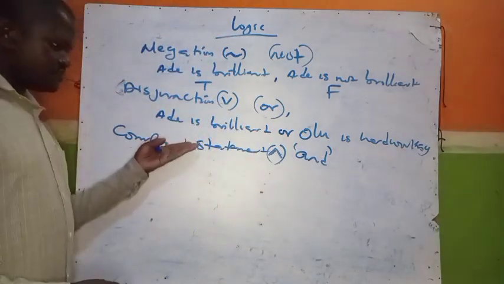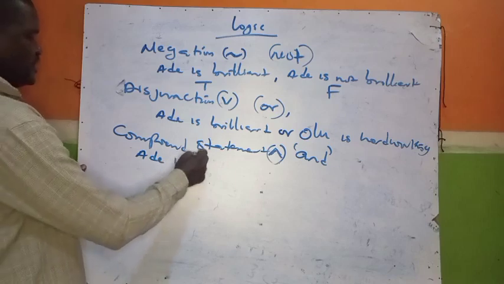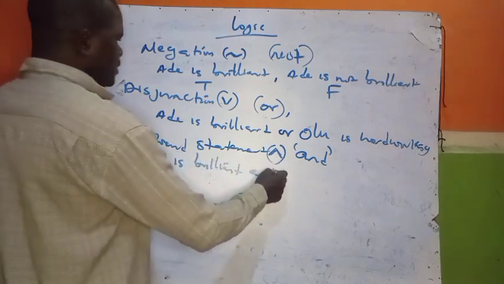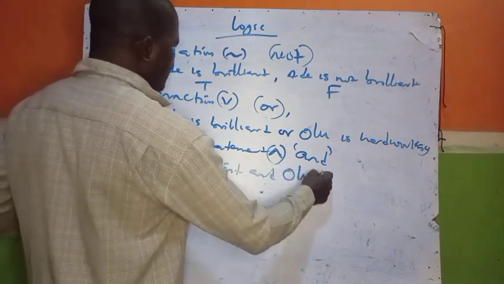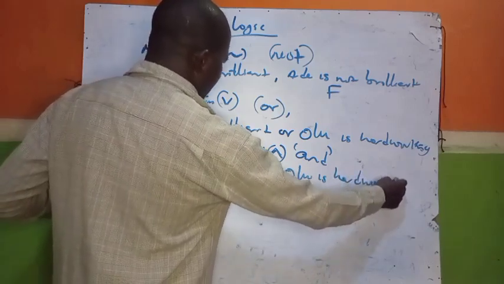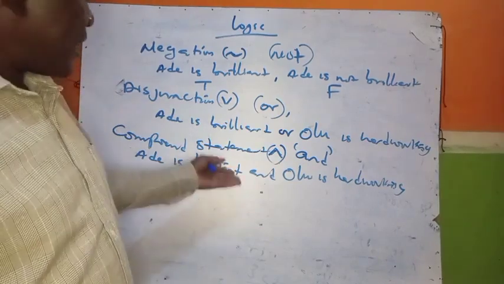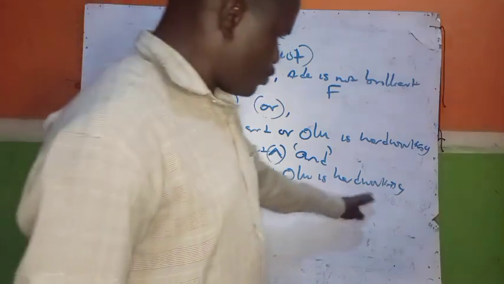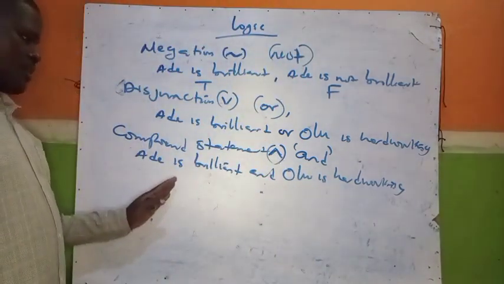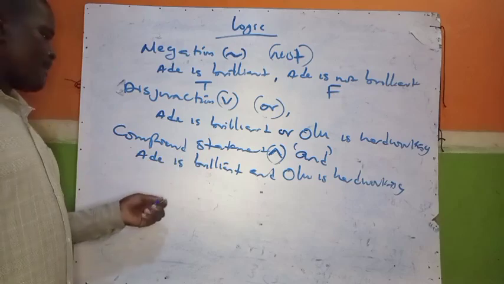So you can have: Ade is brilliant and Olu is hardworking.